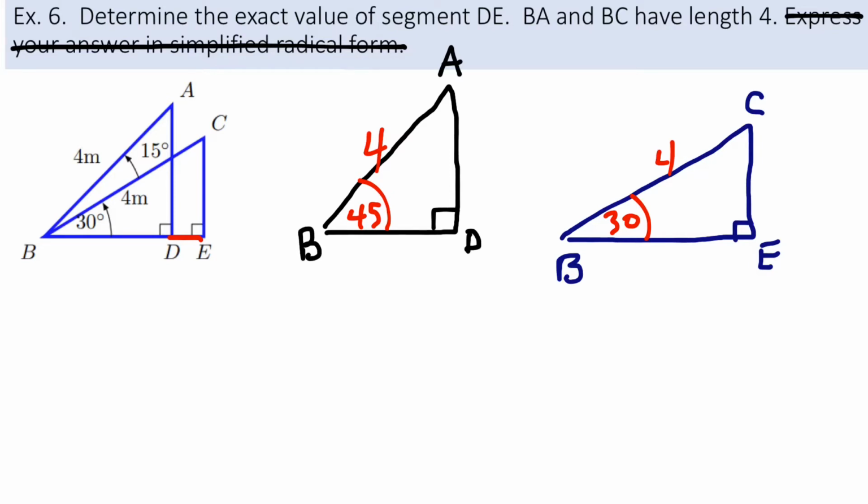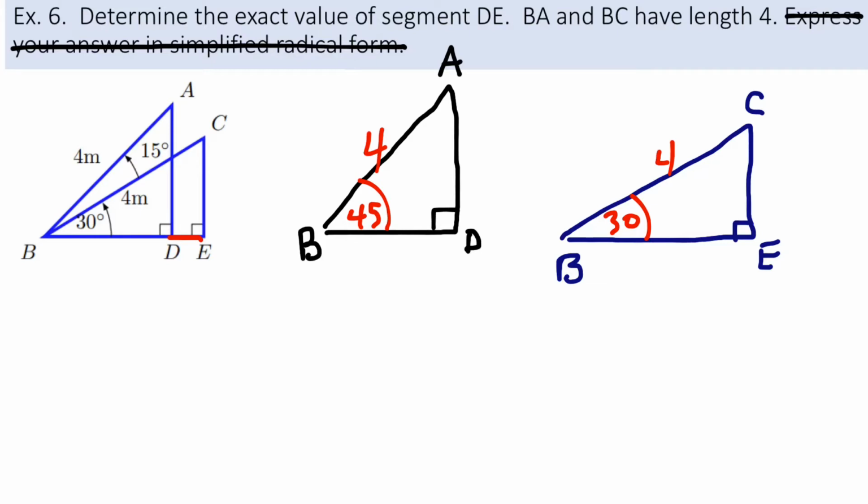So from what we've learned about solving triangles, if you have 1, 2, 3 pieces of information, you can find any of the remaining 3 pieces of information for a triangle. Same here, 1, 2, 3. So I should be able to find anything else I'm looking for on either of these 2 triangles.